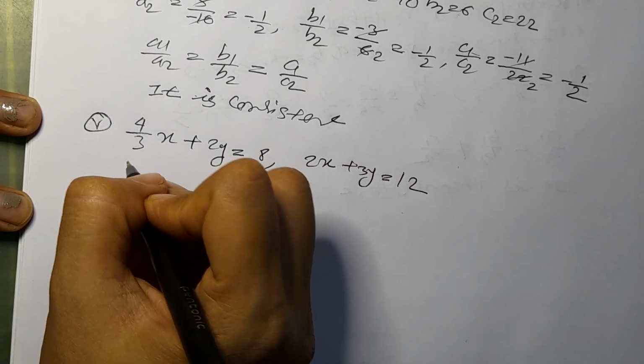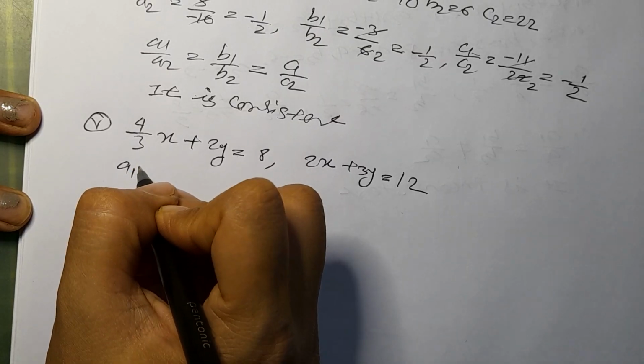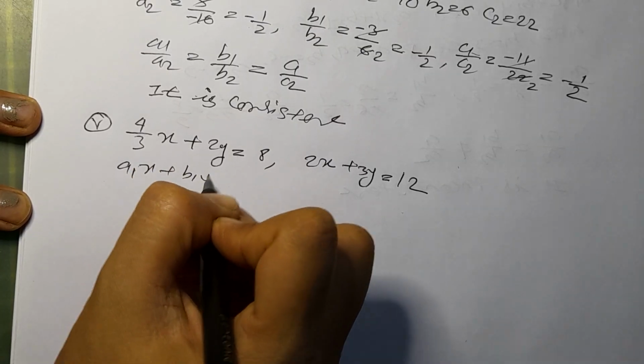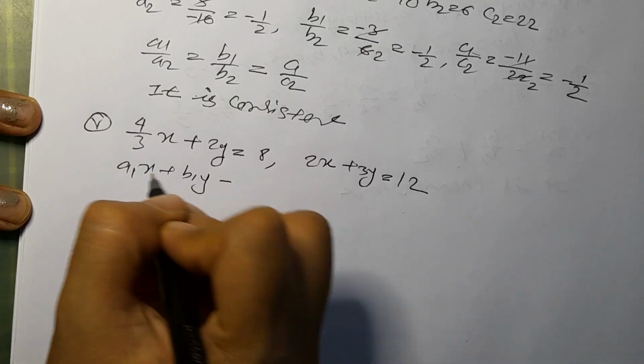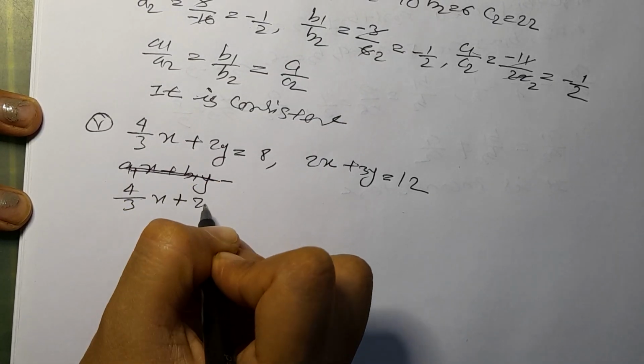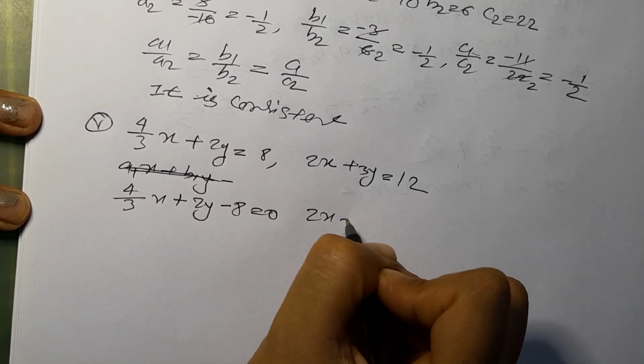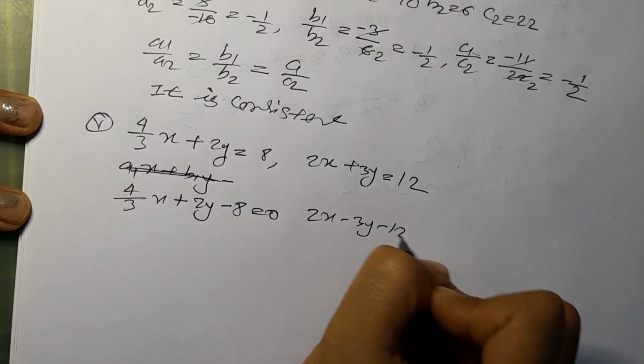Here also I can compare directly. Bring it this side first. 4 by 3x plus 2y, it will be minus 8 equal to 0. This will be 2x minus 3y minus 12 equal to 0.